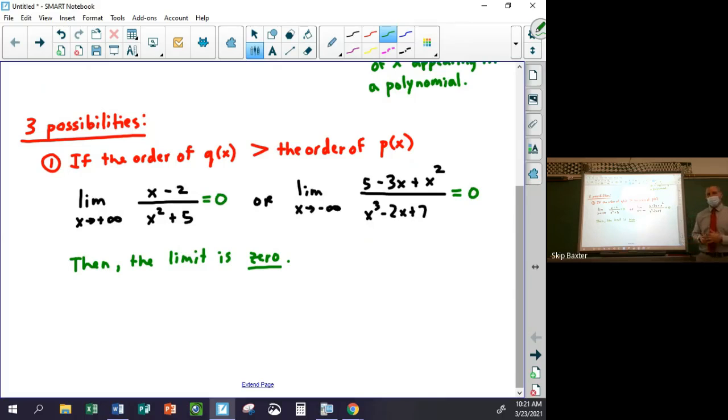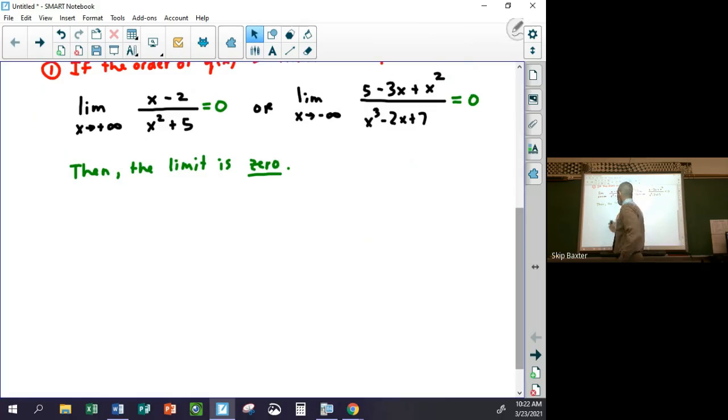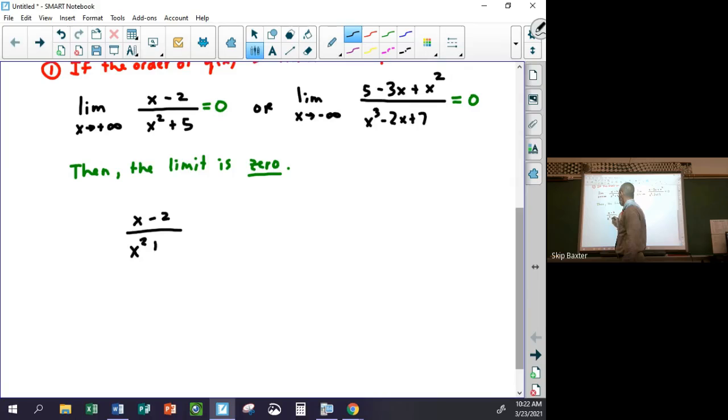Does that make sense? Now, a more analytical way that you can think about it is, if I take this example right here, x minus 2 over x squared plus 5, I can just divide every single term by the highest power of x that appears on top, which is x, right?